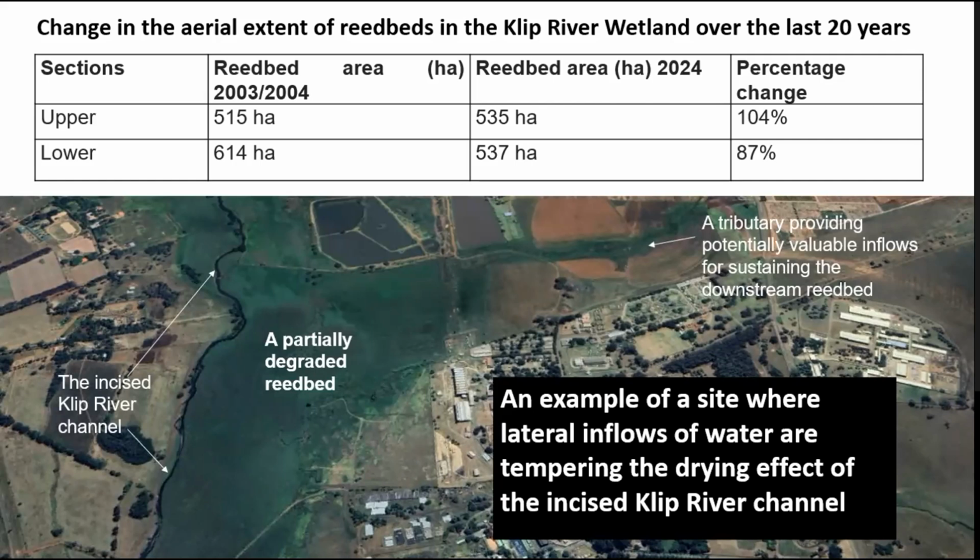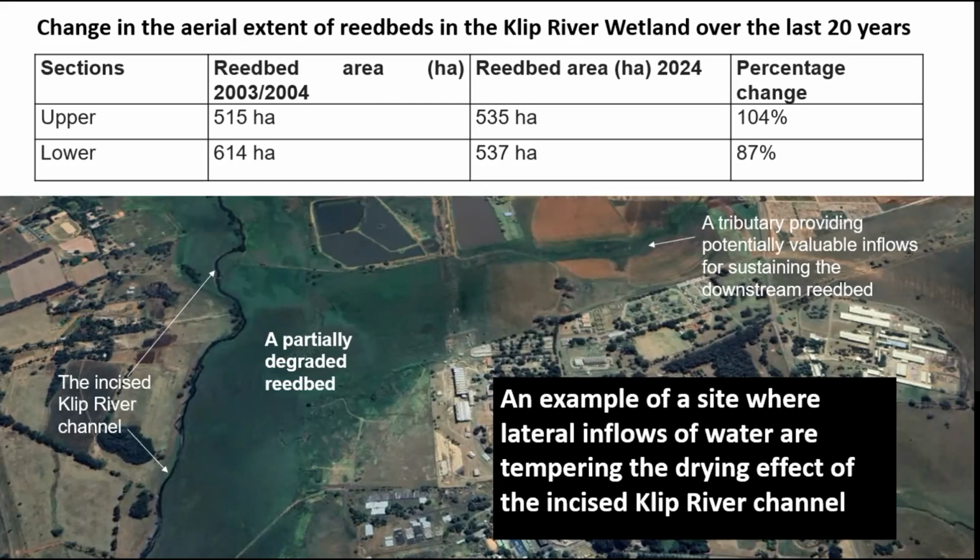And part of the reason that a lot of these reed beds are still remaining reasonably intact in wet is that the groundwater hasn't been dropped considerably.